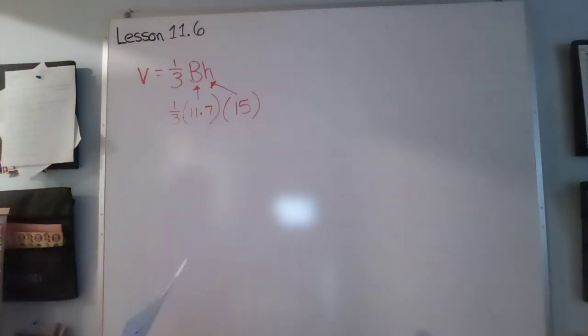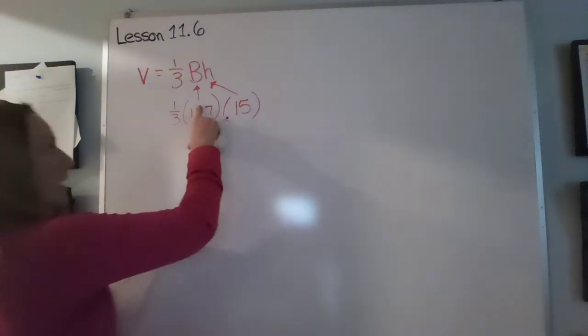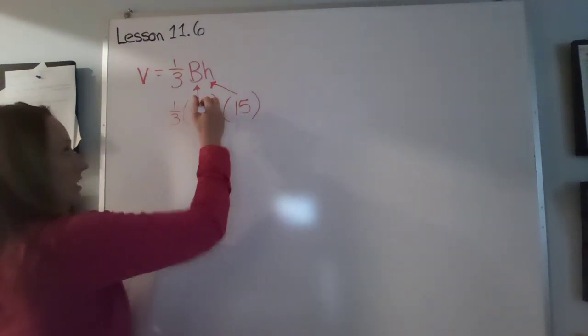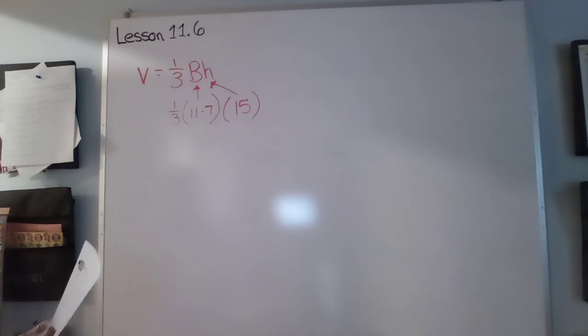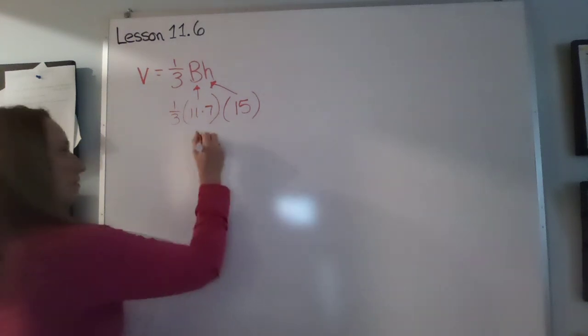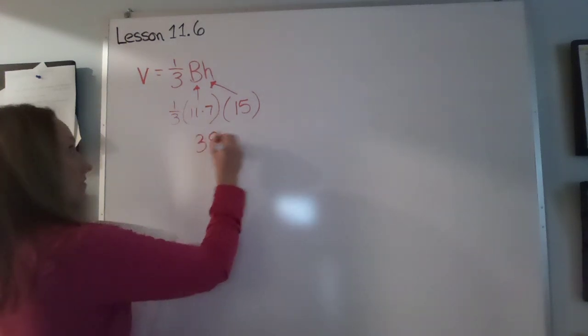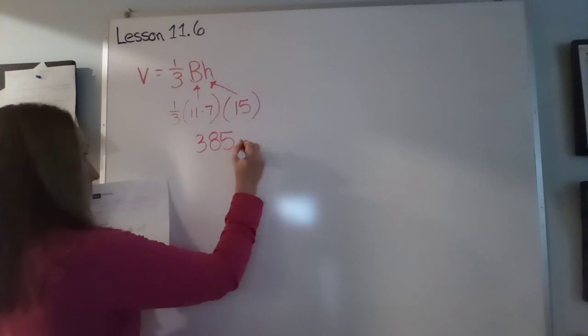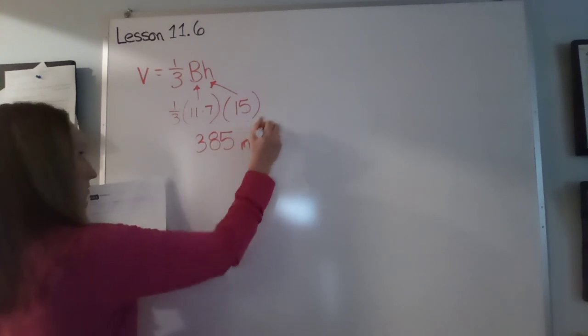So it's 1/3 times 11 times 7 times 15. When you multiply it all together, you get 385 meters cubed.